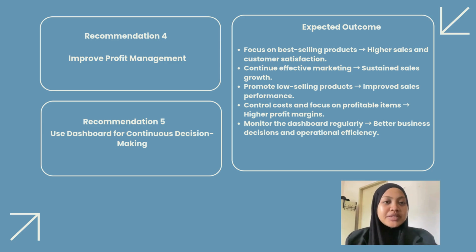The next recommendation is improved profit management. With a total of 1061, the business is performing well. However, management should continue monitoring product costs and focus on selling high profit items to further improve profitability.